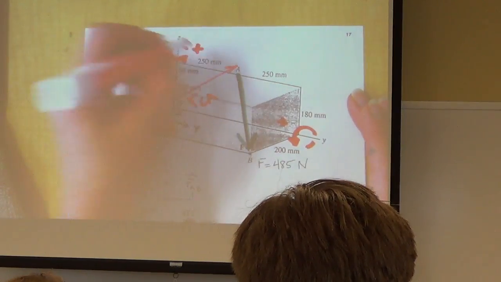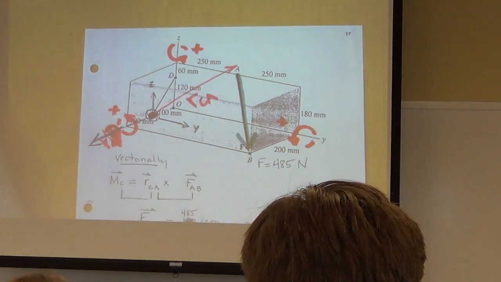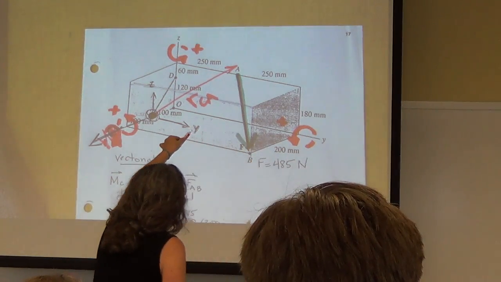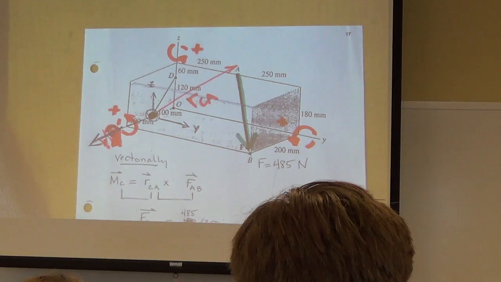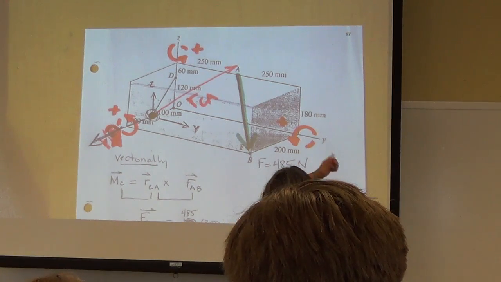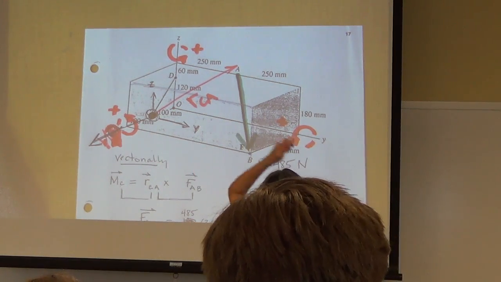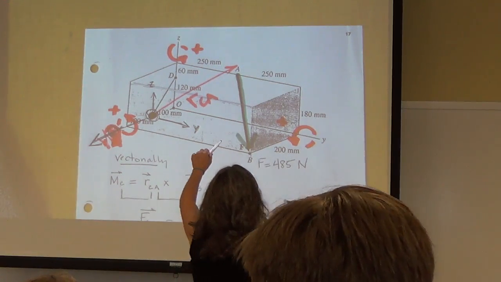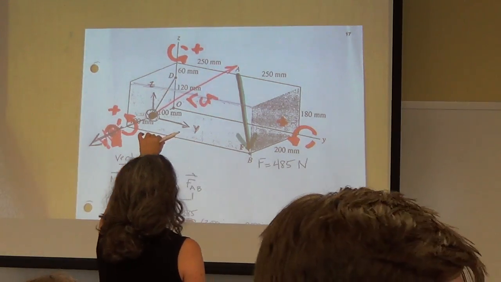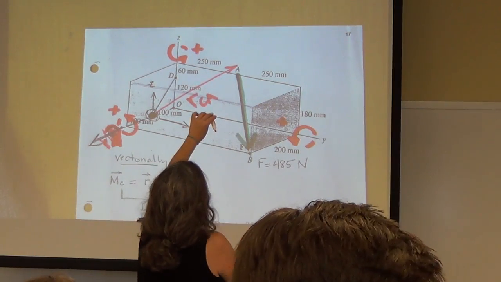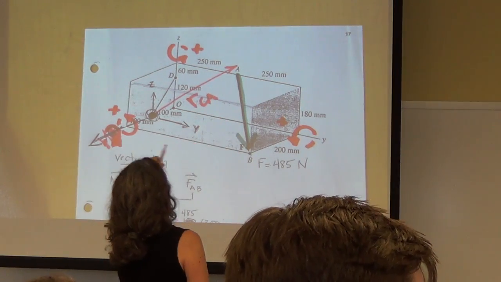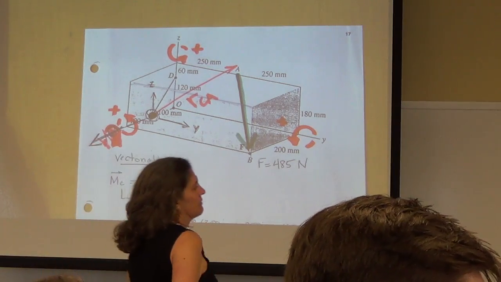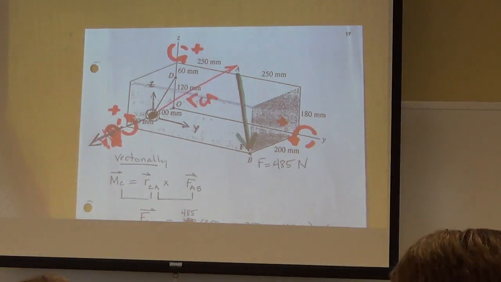Did I draw right? Is that positive? Yeah. Okay. Is this force causing z to spin this way or this way? Which way is z spinning from this force? Negatively. It's going from A to B, so it's coming out here and spinning around. If it's spinning around that way, it's negative. Did we get a negative? Yeah, we got a negative.